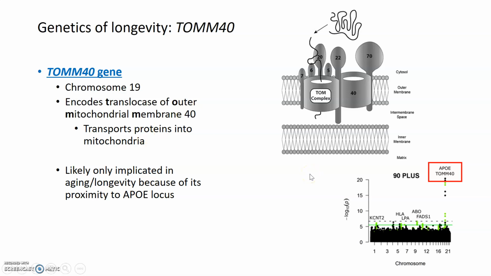And so it's likely only becoming implicated because it's so close on chromosome 19 to ApoE. And ApoE, as we just spoke about, definitely does play a role in longevity, especially that E4 allele, which decreases longevity.